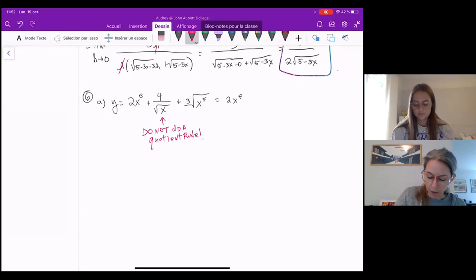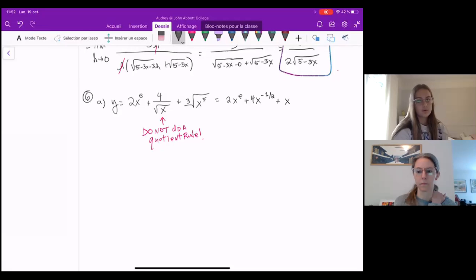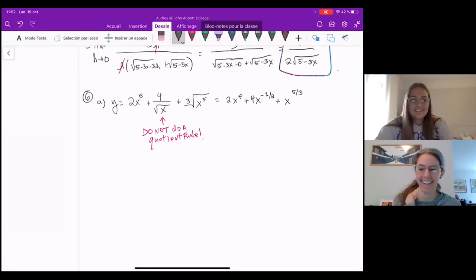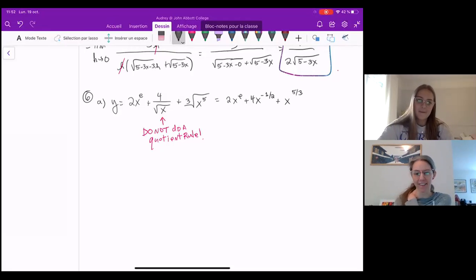Exactly. So I'm going to bring this up and say this is plus 4x to the minus 1/2, and then plus x, what power is this going to be to? Minus 1/2. Oh, what? Oh, okay. You were still back at the other one. It's okay. Okay, so x to the 5/3.